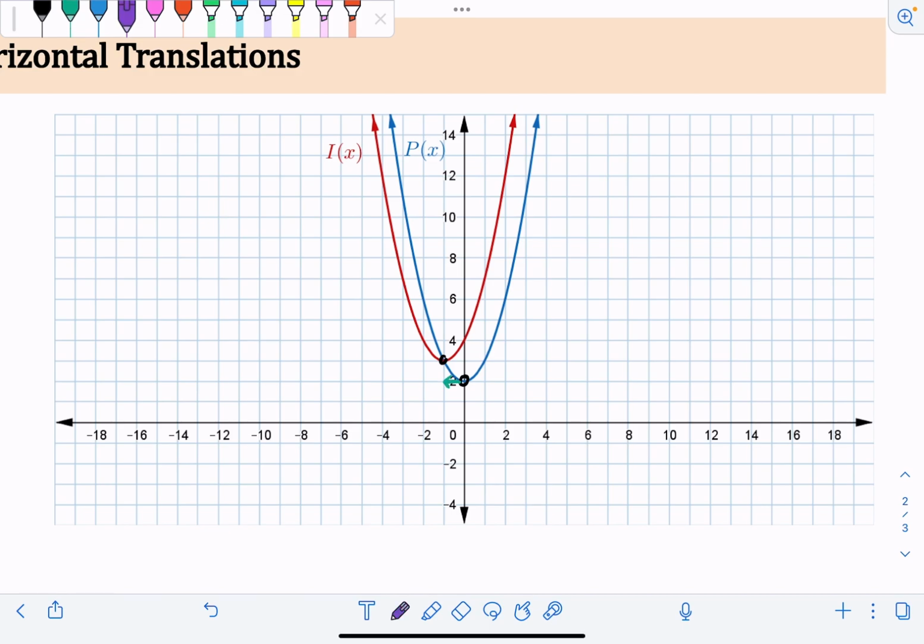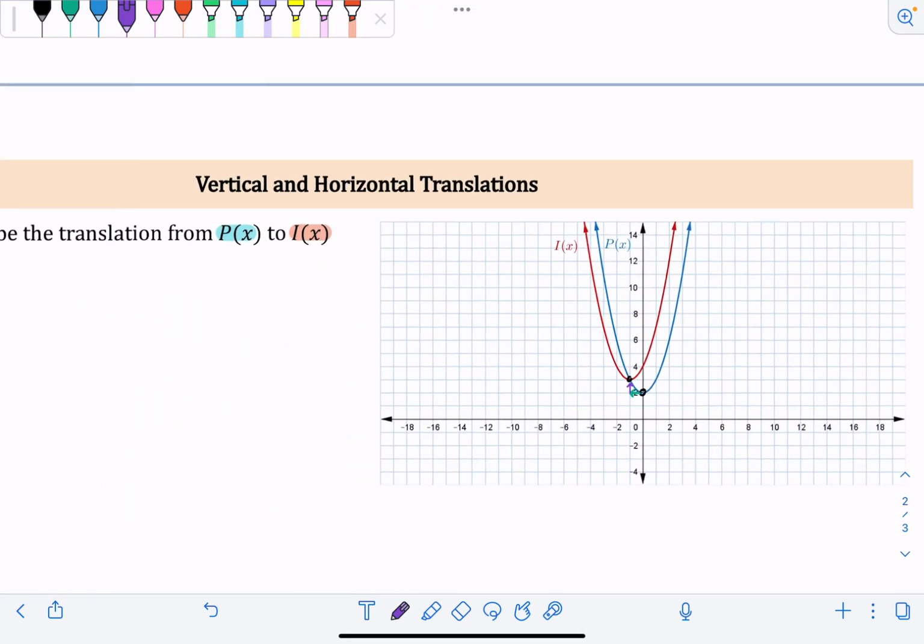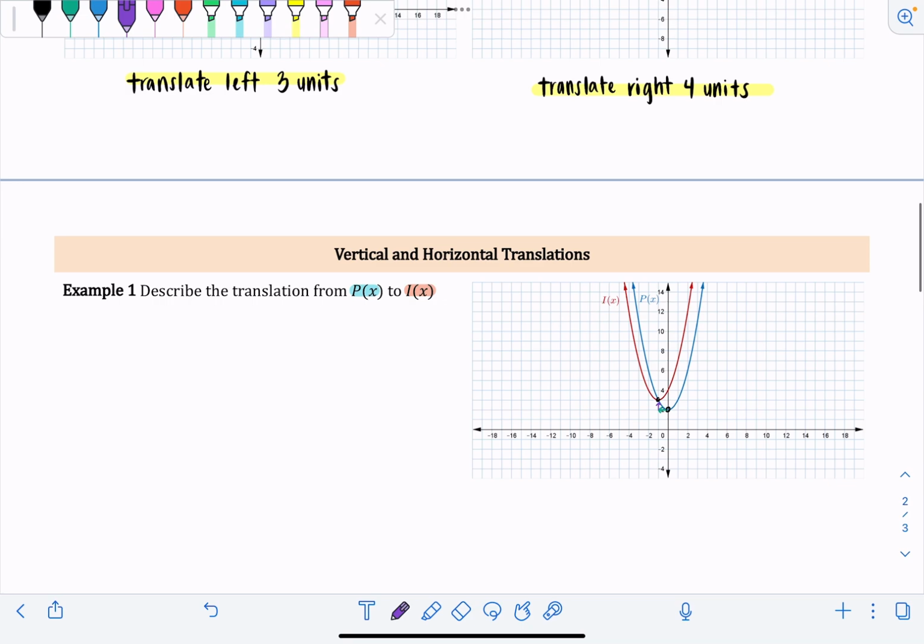And then after we go left 1, we go up 1. So left 1, up 1 to get from 0, 2 to negative 1, 3. So we would just describe those both. So we'd say translate left 1 unit and up 1 unit.